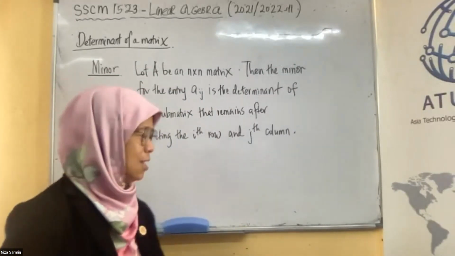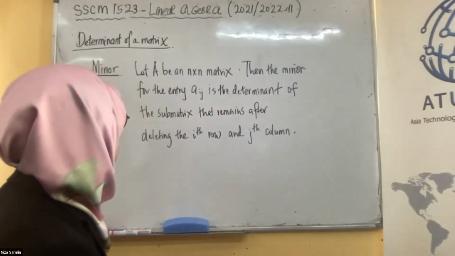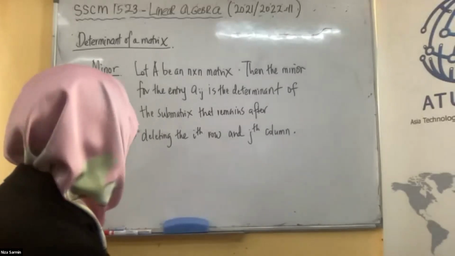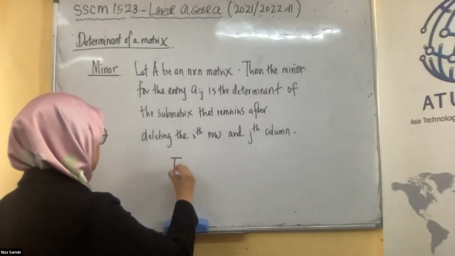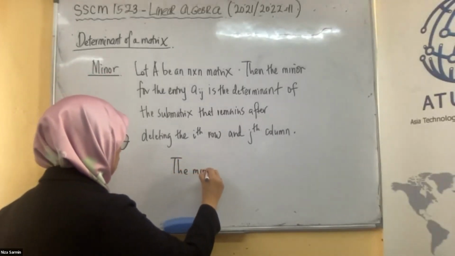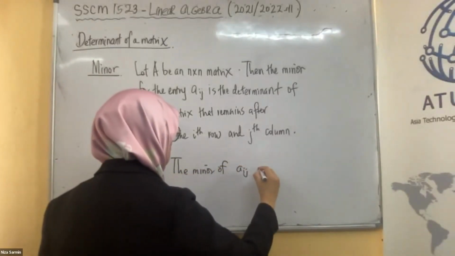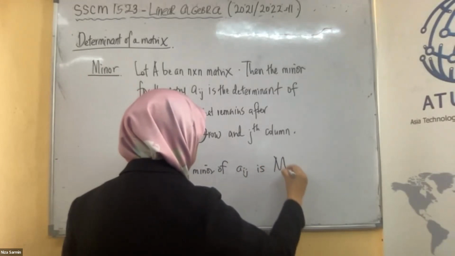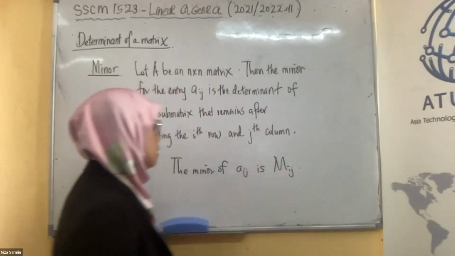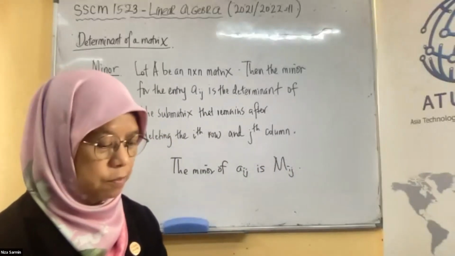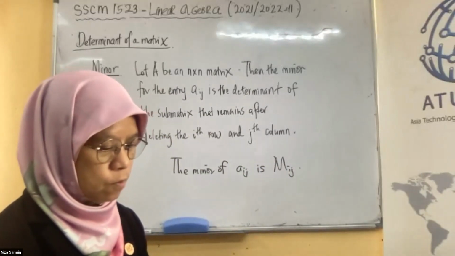Okay, so we say the minor of Aij is denoted by M sub ij, yeah, the submatrix M sub ij. Okay.